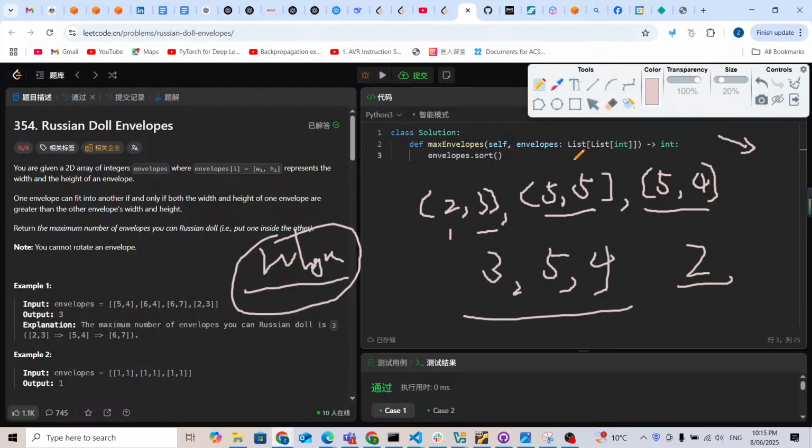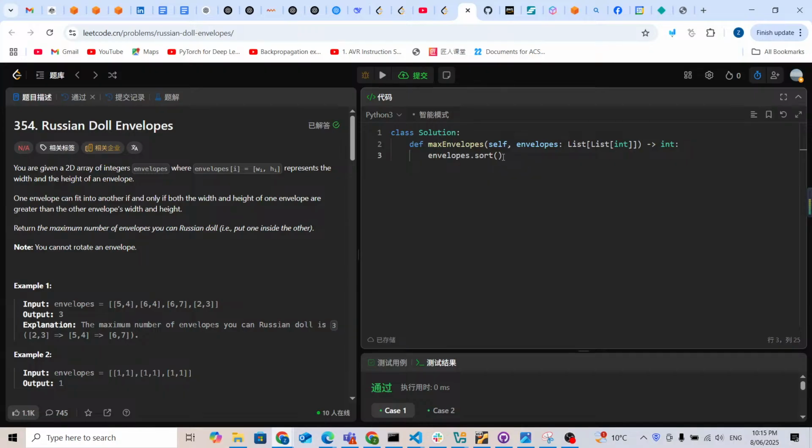Now let's try to solve it. For sort, we're going to use a lambda function. So key equals lambda x. We're going to sort it by the first index, x0, and for the second index, x1.